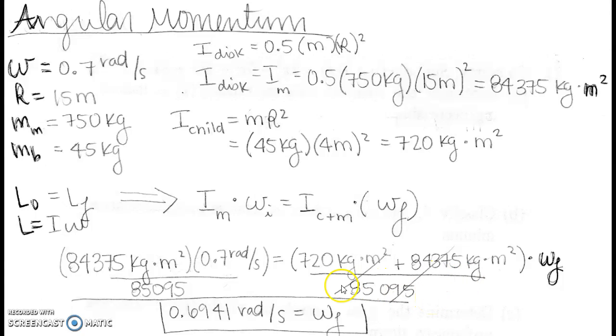And so we would divide both sides by that value in order to isolate the final angular velocity by itself. That gives us a value of 0.6941 radians per second as our final angular speed once the child jumps on.